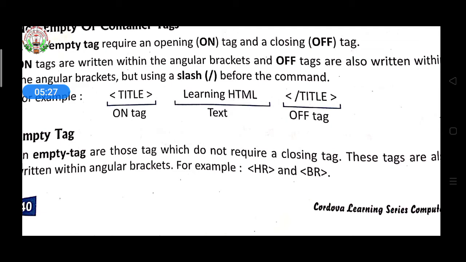One slash is typed there. If you are opening a tag, you need not give a slash. After writing the program, if you want to close that tag, you have to write a slash. In HTML, some tags do not have a close tag, but some tags have close tags.